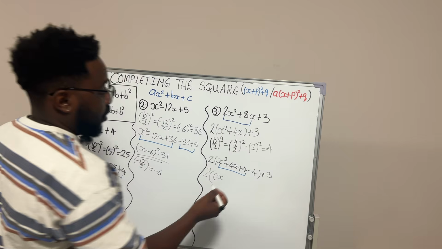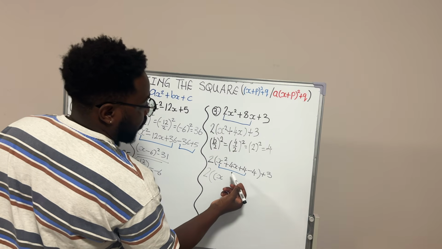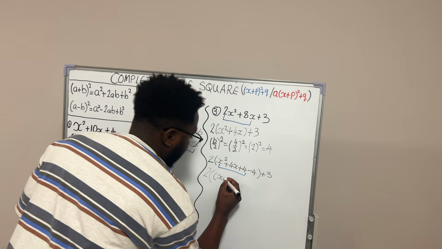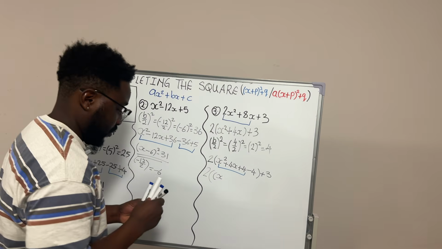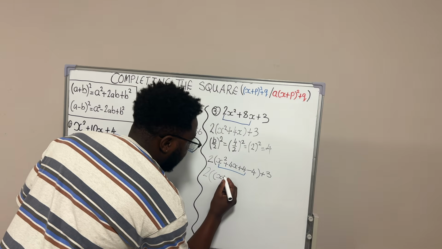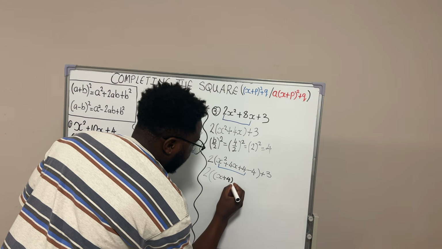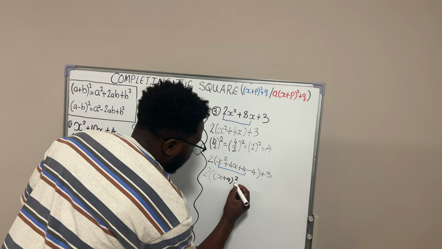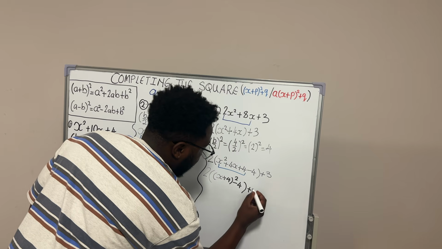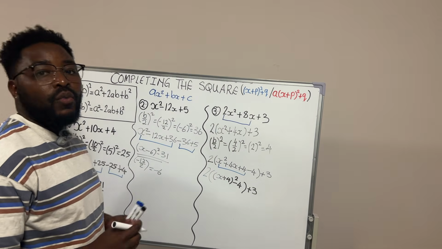So that's our 4 here, right? So we divide it by 2. We're taking the half. Half of positive 4 is positive 4... positive 2. And we square that. Minus 4. We close our brackets. Plus 3.